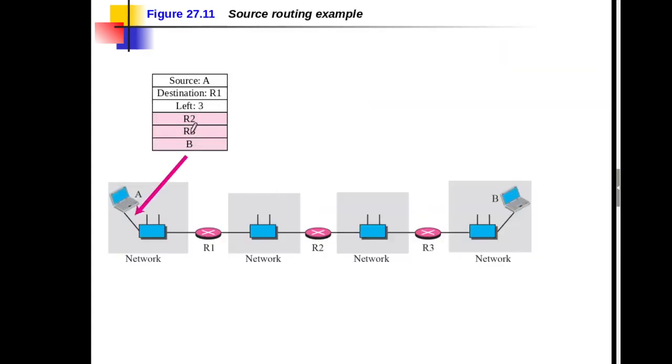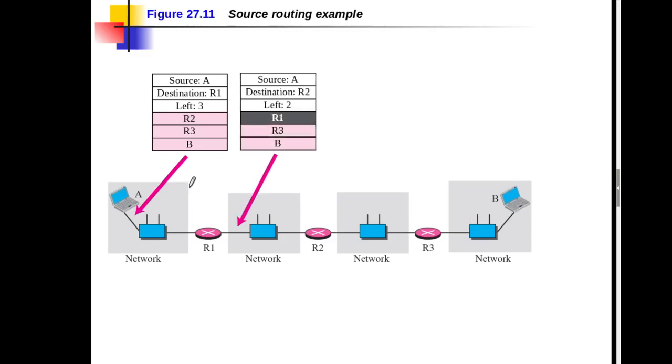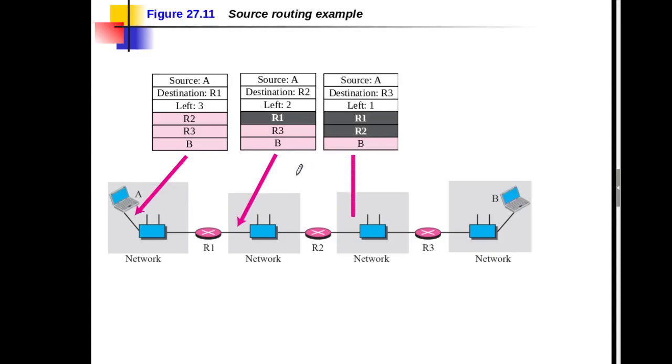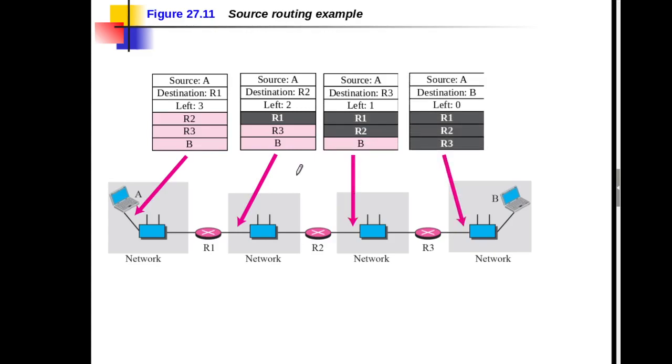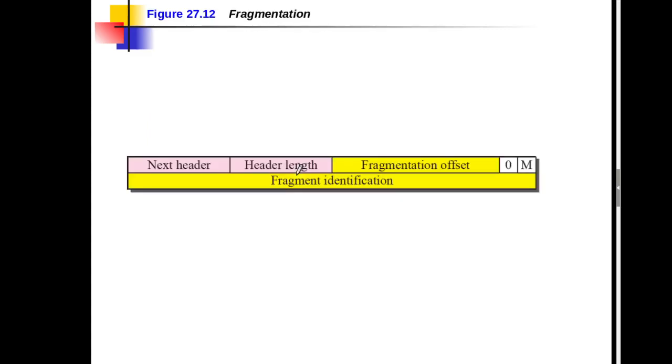So you have to visit R2, R3 and B. Here you are at R1, now 2 left, you are at R2, 3 left, and then you are at R3. Okay, so this is how it will work.